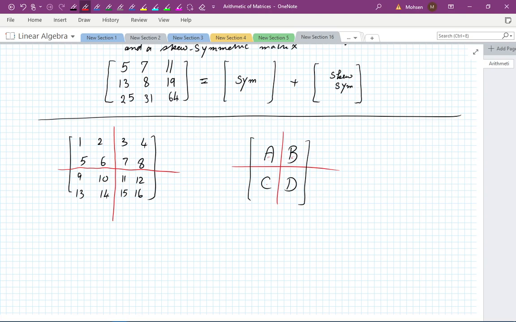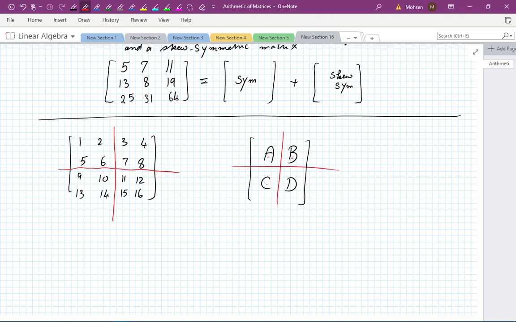Previously we had talked about compatibility of matrices when you multiply them. The same issue comes up for partitioned matrices.